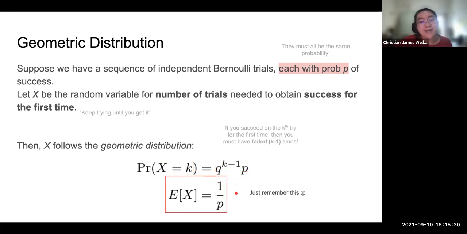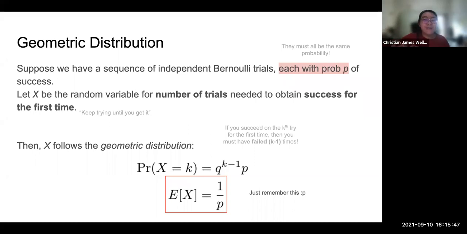The other one, I won't go through the derivation of the expectation, but just remember, it's pretty simple, just 1 over P. The intuition I like to think about is, for example, you roll a die and you're expecting success to be getting, say, a 5.